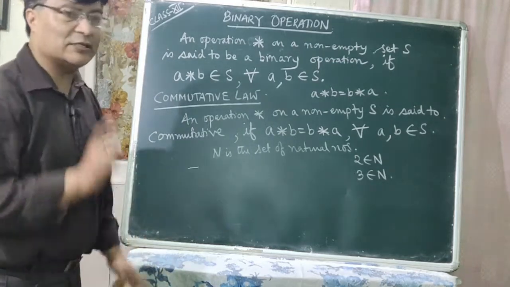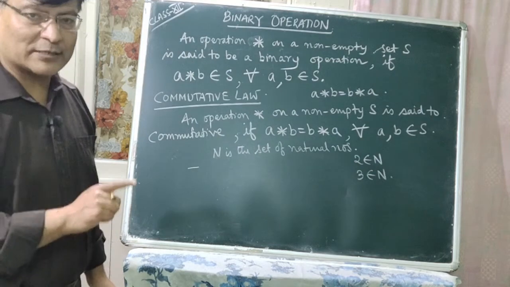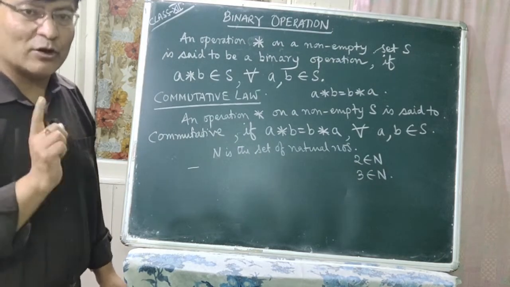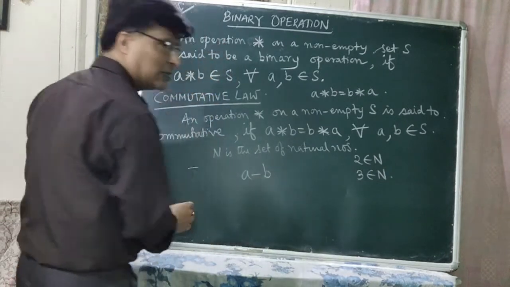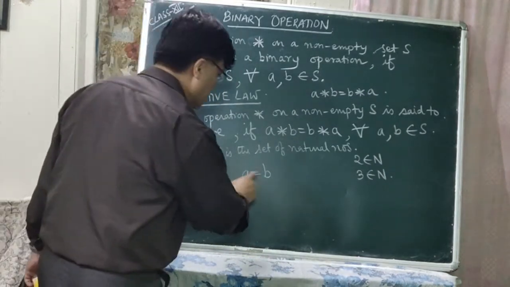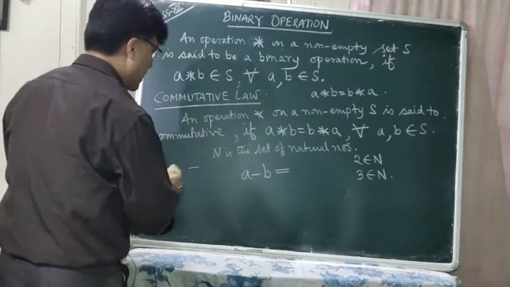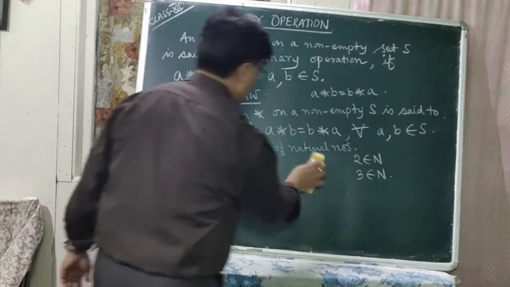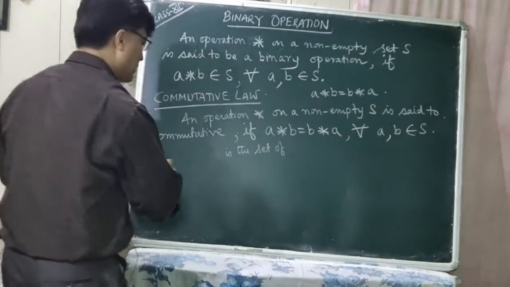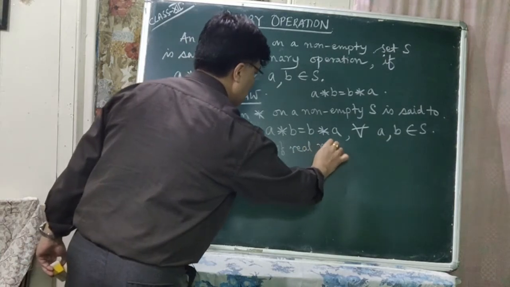This subtraction on natural numbers is not a binary operation. To check the commutative property, let us take R as the set of real numbers.